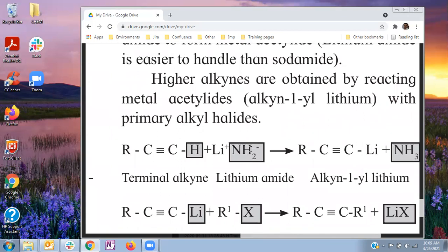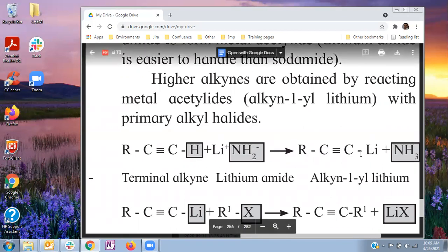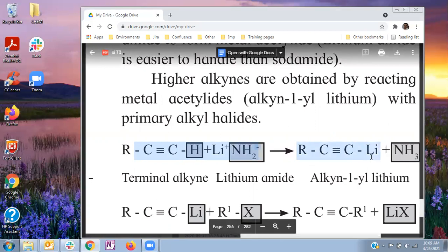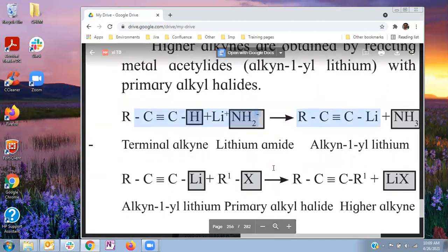Here RC triple bond CH, when treated with LiNH2, that is lithium amide, gives RC triple bond CLi plus NH3.